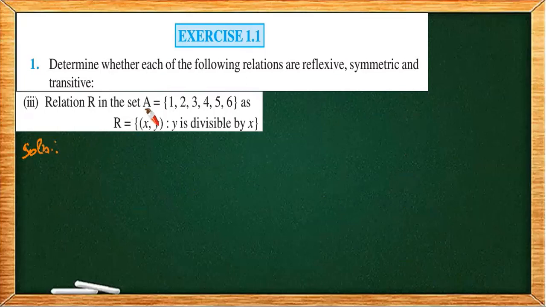Now, R is a relation defined on a set A containing 6 natural numbers 1, 2, 3, 4, 5, 6. And here, all the ordered pairs (x, y) such that y is divisible by x. So we take 1, y is divisible by x.